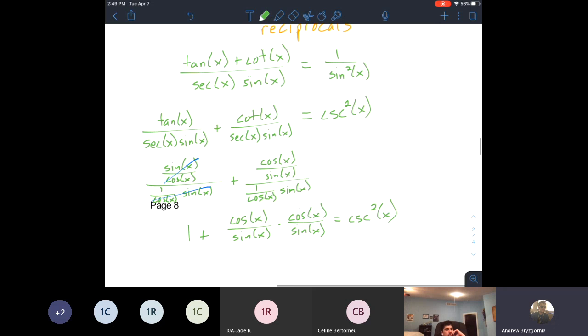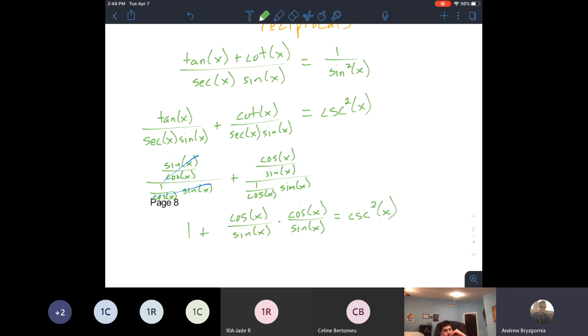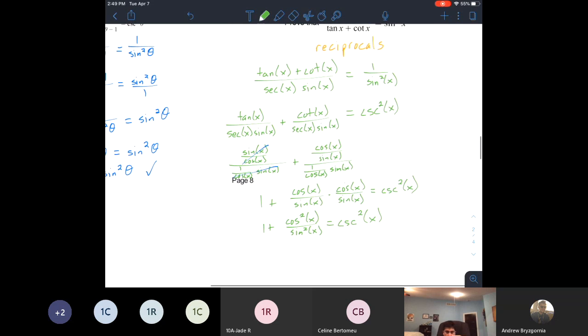And we're going to get cosine squared over sine squared. That's going to become cotangent squared. And this is another one of our Pythagorean identities. So we end up getting cosecant squared on both sides. This one was really tricky, I'll admit that.